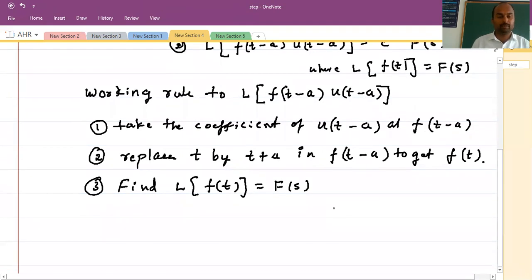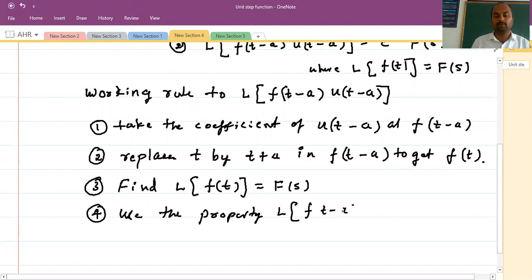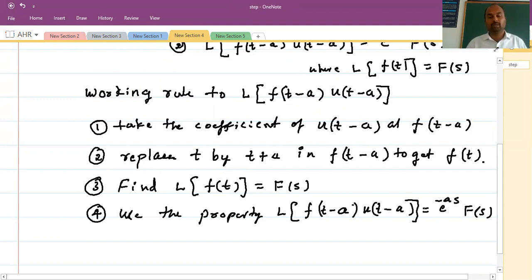The fourth point, use the property: Laplace transform of f of t minus a into u of t minus a equals e to the power of minus as into f of s. So this is the working rule.